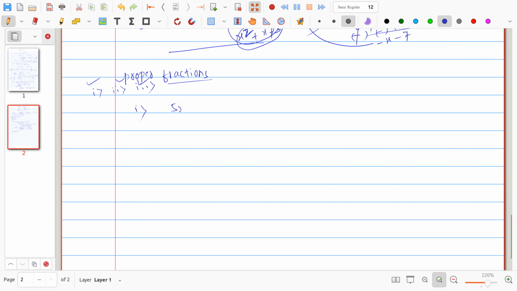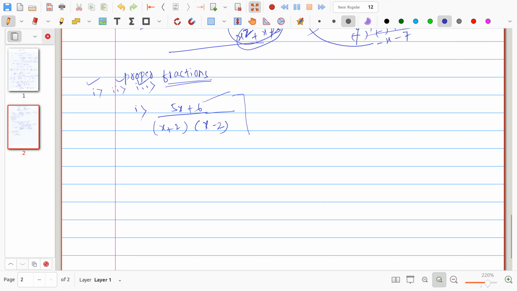I will write here 5x plus 6 divided by x plus 2, x minus 2. You have to identify whether this is a proper or improper function. Here I am giving the title proper functions and solving the problem accordingly, so you can easily tell it is proper.